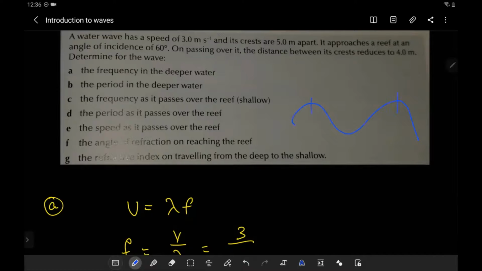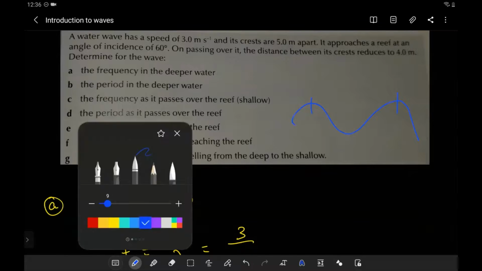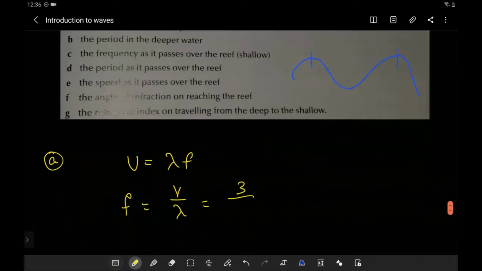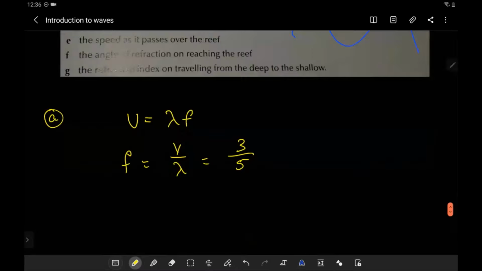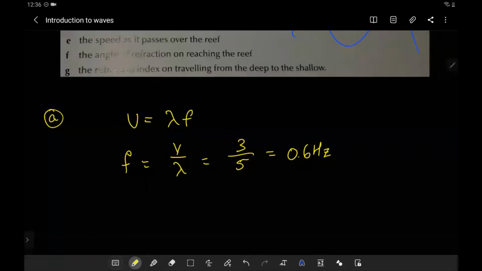This point to this point is the distance between the crests, and notice that those 2 points are in phase and they are a wavelength apart. So what they tell us is the wavelength of our wave is 5. So we can say that the frequency is 0.6 hertz, or if you want per second, that's also fine.